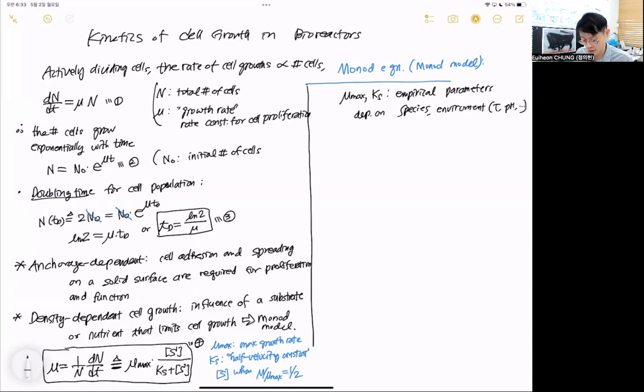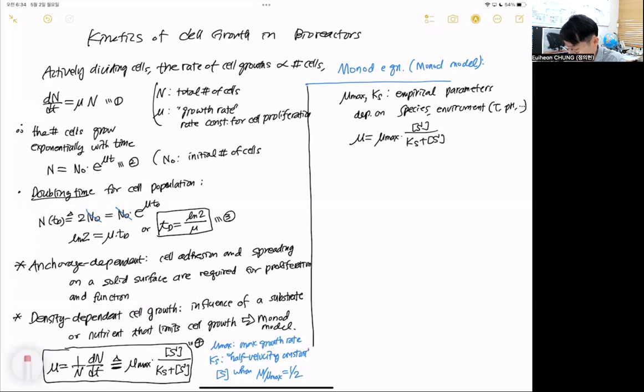So let's look at this Monod equation behavior a little bit more. Let me rewrite: mu equals mu max times substrate concentration over Ks plus substrate concentration. With the substrate concentration as the independent parameter, we want to figure out how the growth rate will change.